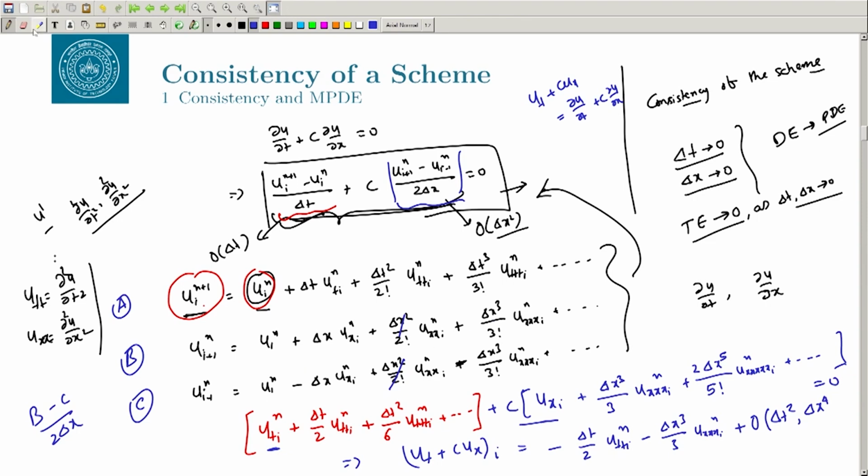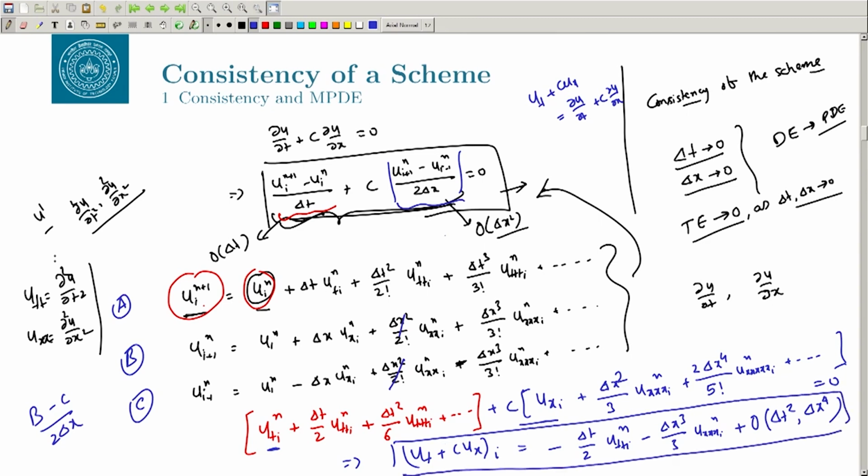So this will become delta x square and this will become delta x 4. So, this is what our term looks like, by just putting this value and putting in our Taylor series expansion. This is the equation that you want to solve, and the right hand side that you see is basically our truncation error.